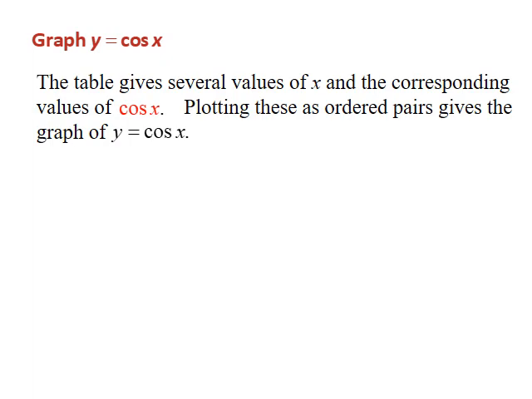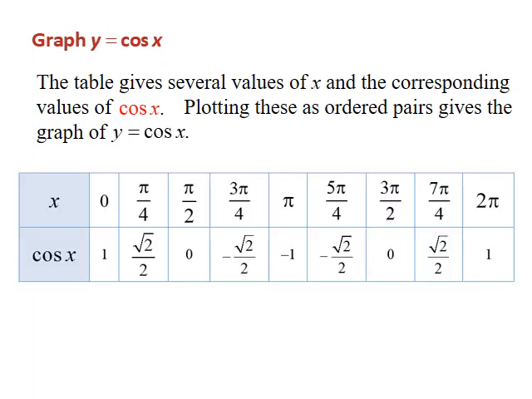Cosine can be found in a very similar way. Again, these are values from the unit circle. If I plug these angle measures into cosine, I get these outputs. And again, each of these represents an ordered pair. So if I were to graph this function, this is basically like a giant T-chart.